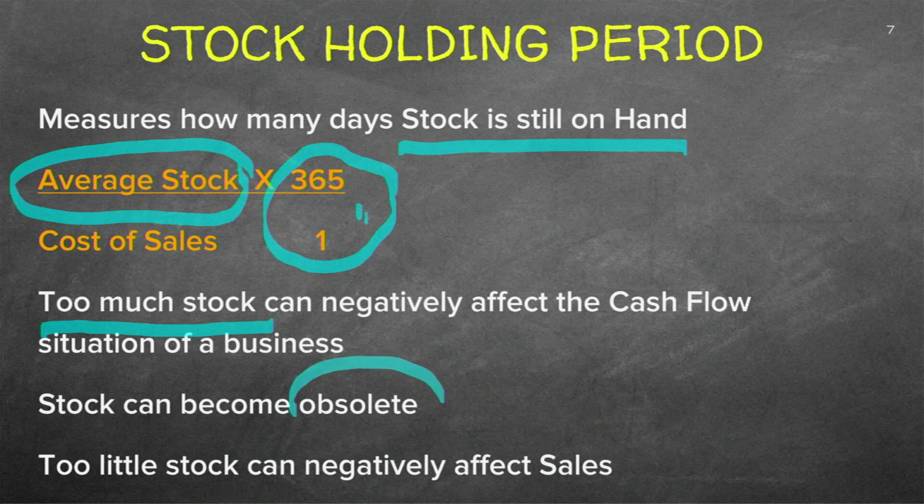What does obsolete mean? Outdated. Okay, so let's say winter has come to an end and we're still holding stock and we're going to hold it over until next year. Maybe next year there are different fashions and then last year's stock is outdated. So we're not going to sell it anyway.